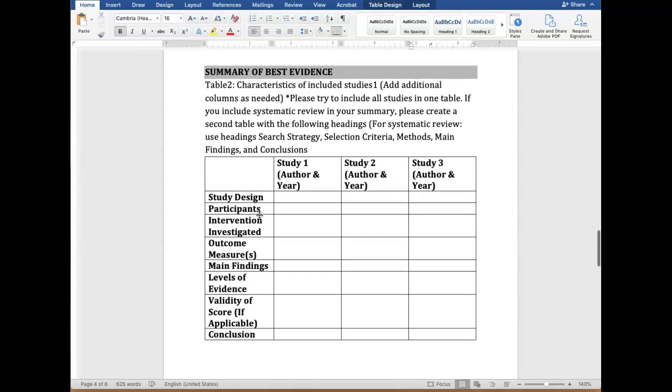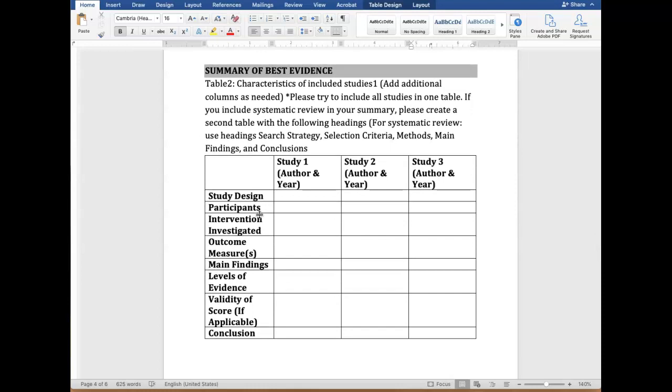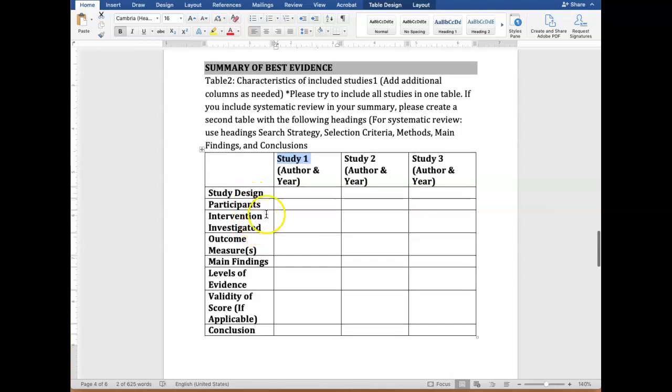Last but not least is the summary of best evidence, and this is a pretty long and robust table. You're going to basically include any characteristics of the studies that you are including in your critical appraisal topic. So the first thing is going to be looking at how the table is actually set up, right? So you want the title of your study to go here along with author and year in the columns, and in the rows what we're going to do is add all of the information from the study.